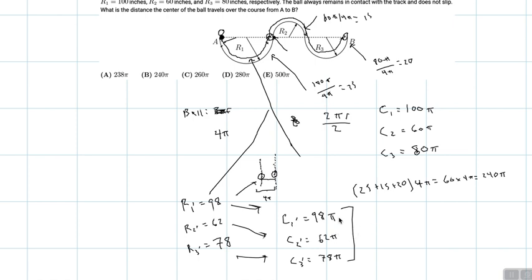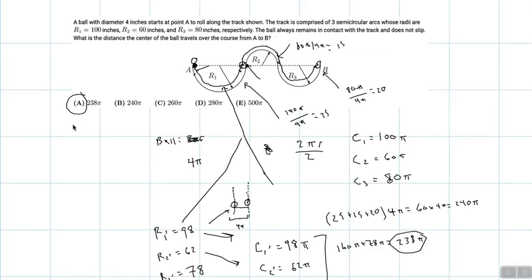Summing this together, 98 pi plus 62 pi is 160 pi, plus 78 pi is 238 pi. So I would say the answer is choice A. Choice A is correct.